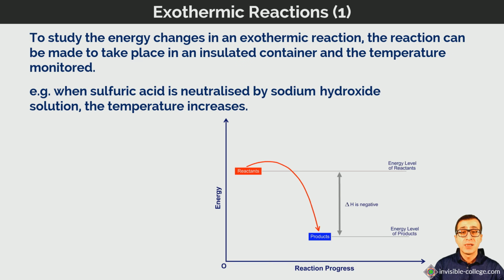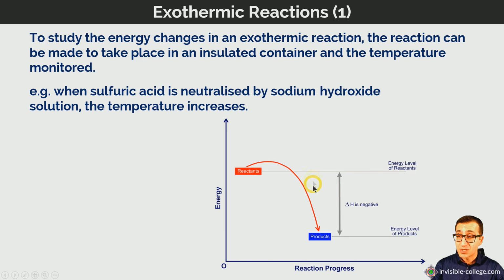What we see here is a reaction profile for an exothermic reaction. A reaction is exothermic when it releases energy. What that means is that the reactants to begin with had more chemical potential energy stored in them than the products that you end up with, which means that if the energy level of the reactants is here, and the energy level of the products is here, the difference in energy doesn't just disappear.